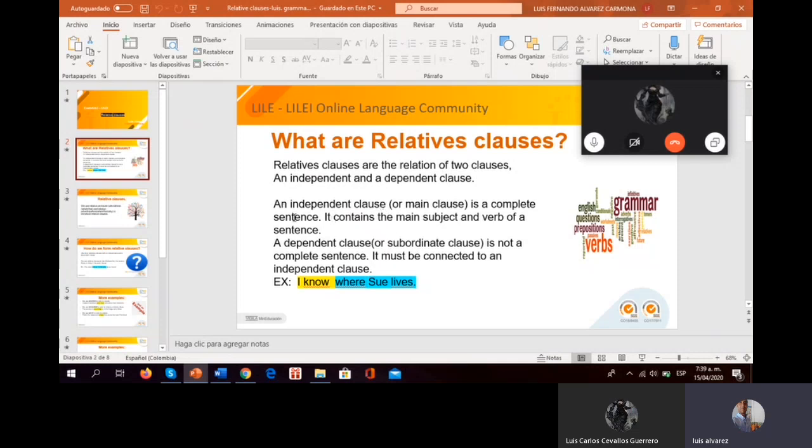Down here it says an independent clause or main clause is a complete sentence. It contains the main subject and verb of a sentence. On the other hand, a dependent clause or subordinate clause is not a complete sentence. It must be connected to an independent clause. And there is an example. Independent clause: I know where Sue lives.